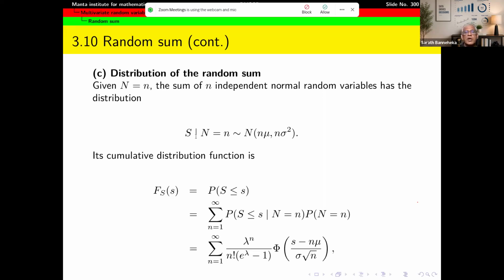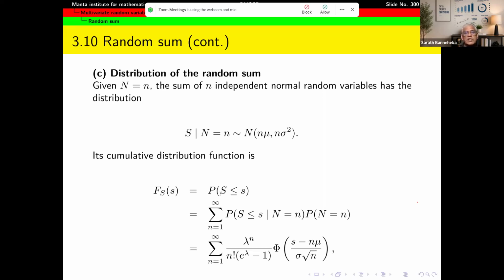So when you look at a fixed n number of terms X1 up to Xn, that quantity is also normally distributed with mean n mu and variance n sigma square. Now let us derive the cumulative distribution function of S. This is the marginal, not the conditional, that we are looking at.